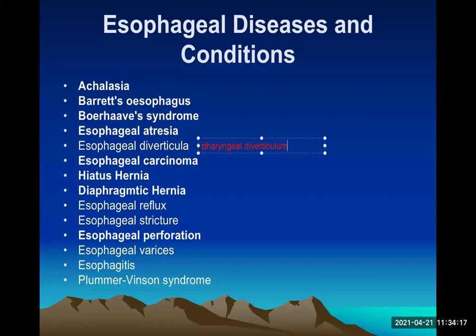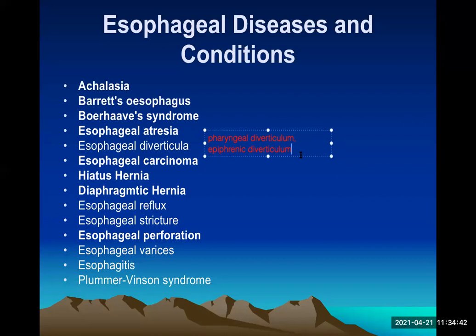Another is very near to the lower part of the esophagus, and that is known as epiphrenic diverticulum. Epiphrenic. Okay, look at the term phrenic. Phrenic means diaphragm. Epiphrenic diverticulum. So these are the two main types of diverticulum which may be present in the esophagus. Just the names are important here. And you all know what is diverticulum.